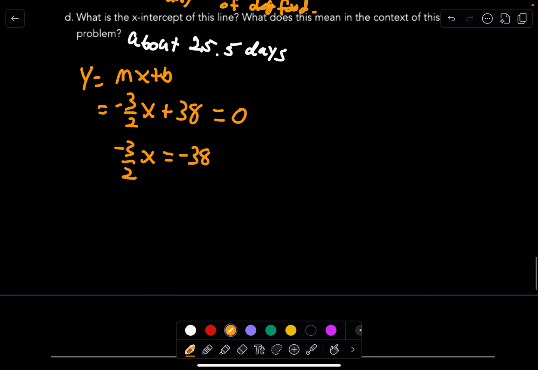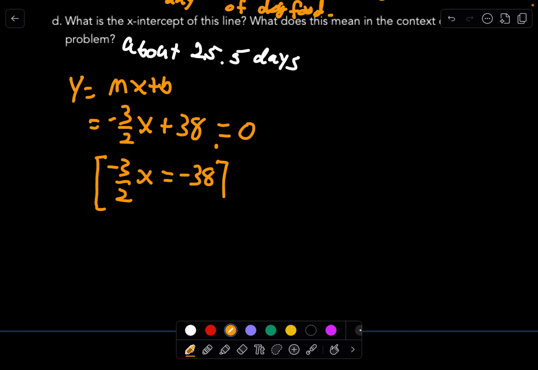And then you could multiply by 2, divide by 3, or realize that we're going to divide by negative 3/2, which means we're going to multiply by the reciprocal.